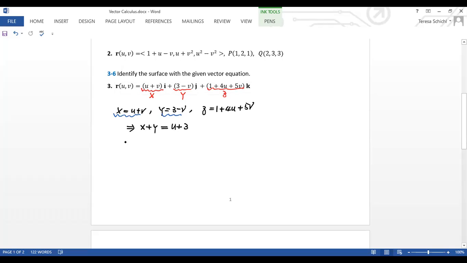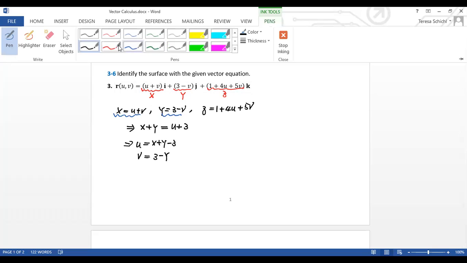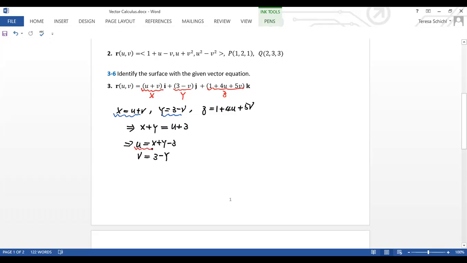So u plus 3, then I can say u is equal to X plus Y minus 3. And because Y equals 3 minus v, I know v is equal to 3 minus Y from the second equation, right? So now both of these I change to u and v.